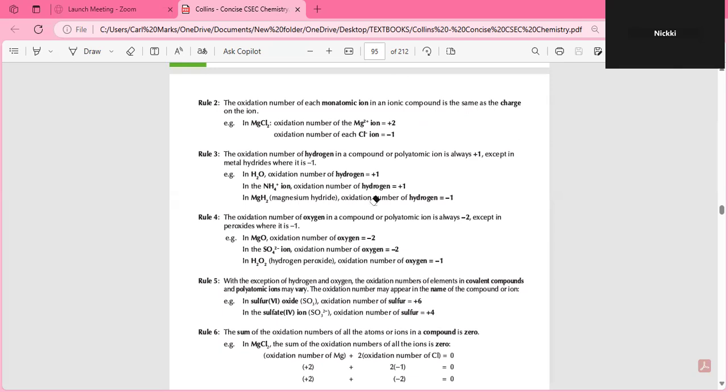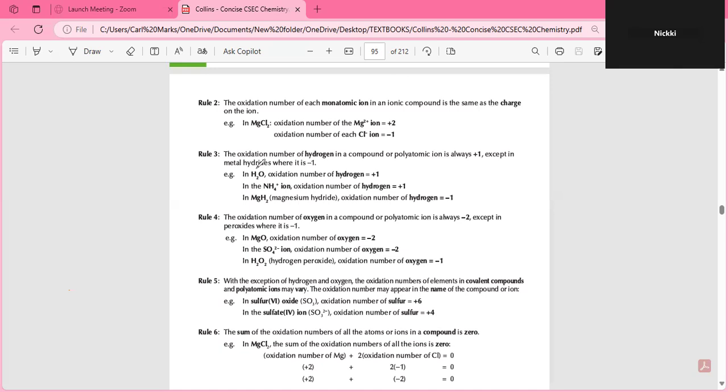Rule number 3 now. What does rule number 3 say? The oxidation number of hydrogen in a compound or polyatomic ion is always +1, except in metal hydrides where it is -1. All right, let's look here.